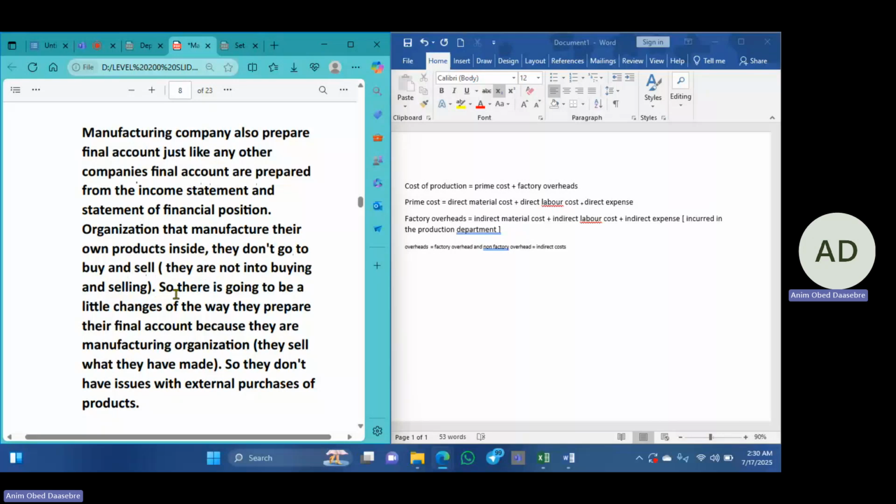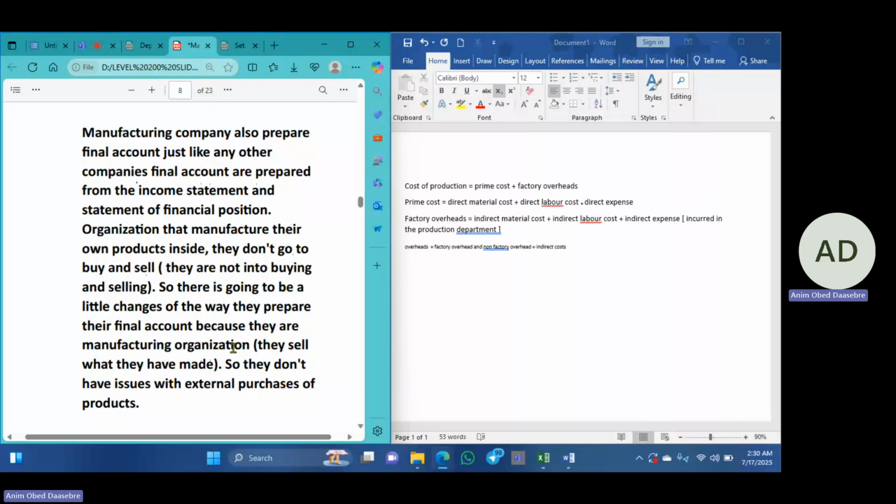So there is a little change in how we prepare the final account, because manufacturing organizations sell what they have made.